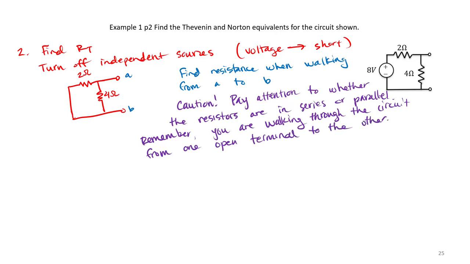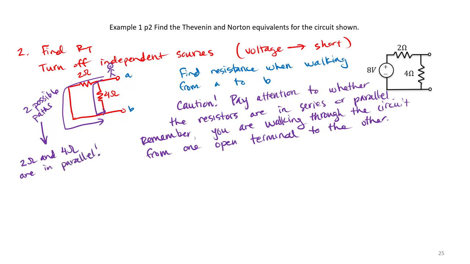So notice here, if I'm walking from A to B, I have two possible paths. And so I need to notice, in this case, the 2 ohm and 4 ohm resistors are in parallel. Be careful. They might have been in series with the voltage source, but relative to terminals A and B, those resistors are in parallel.